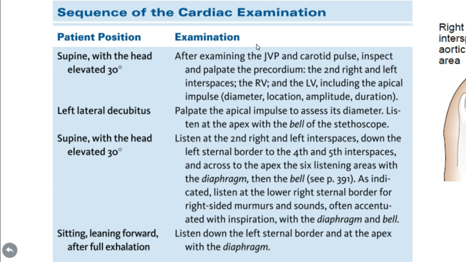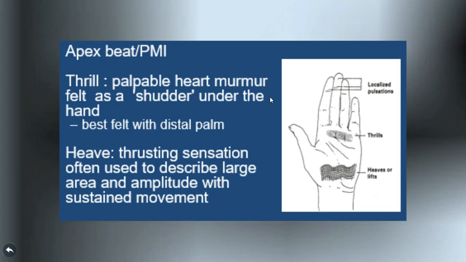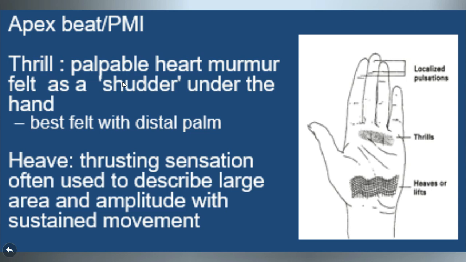So we have already finished with the examination of JVP and carotid pulse. Next, for inspection and palpation, you have to inspect and palpate the precordium. I taught you about the valvular areas: second right and left, and third left, RP and LP, including the apical pulse. For the palpation of the pulse, take note if there's a thrill. This is a palpable heart murmur, felt as a shudder under the hand, and best felt with the distal palm.